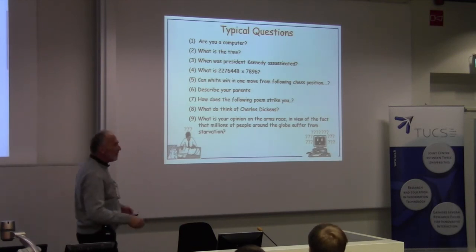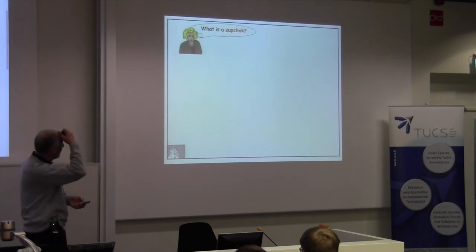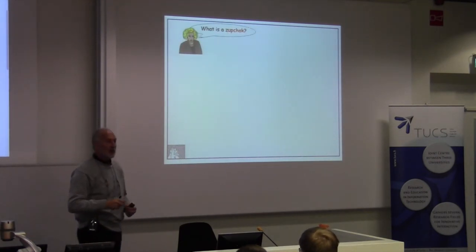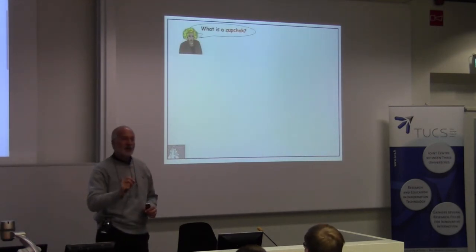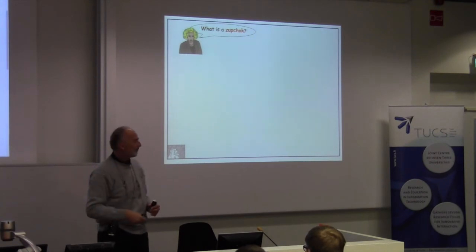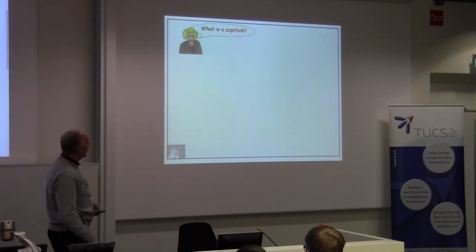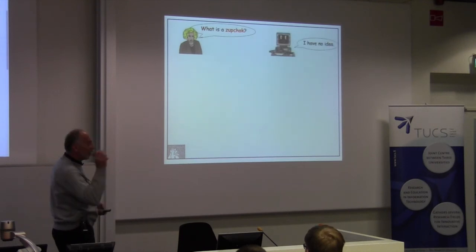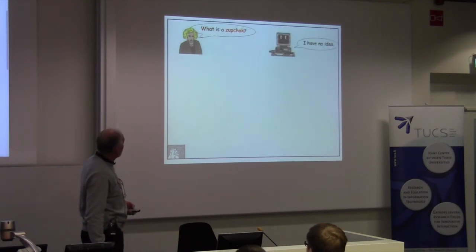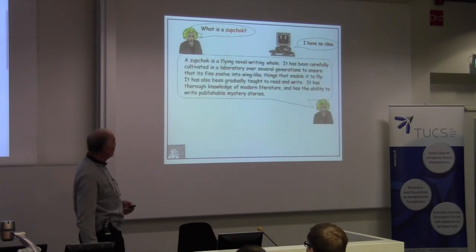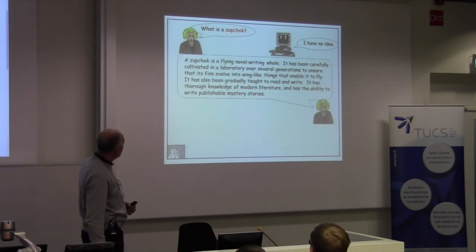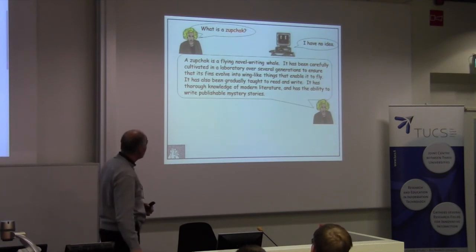And so on. But let me make this even sharper by showing you an imaginary exchange between the interrogator and, say, the computer or the human. What is a zupchok? And the computer says, I have no idea. So this should be Woody Allen, of course, the interrogator. So she explains, listen carefully, a zupchok is a flying, novel-writing whale.